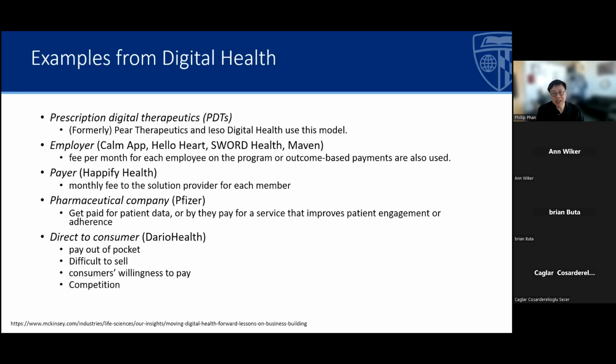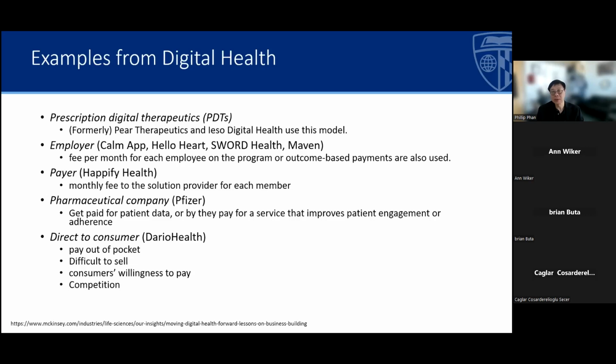There's a lot of experimentation going on. Here are some examples, right? So you have prescription digital therapeutics, right? So you're basically selling a digital therapeutic on a prescription. These are reimbursed. You can sell your product through an employer.